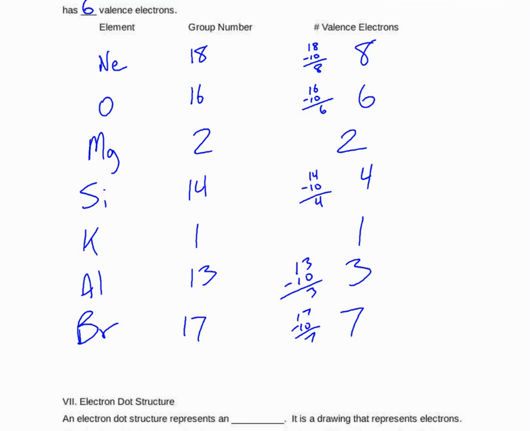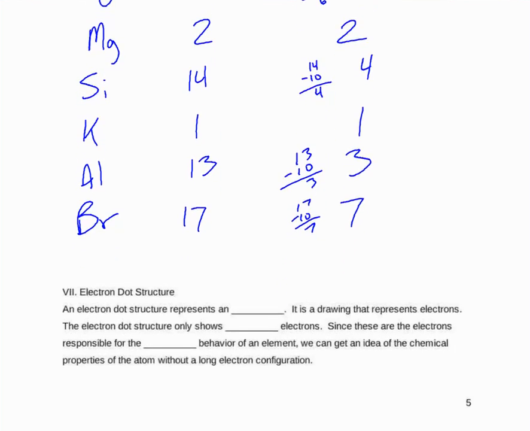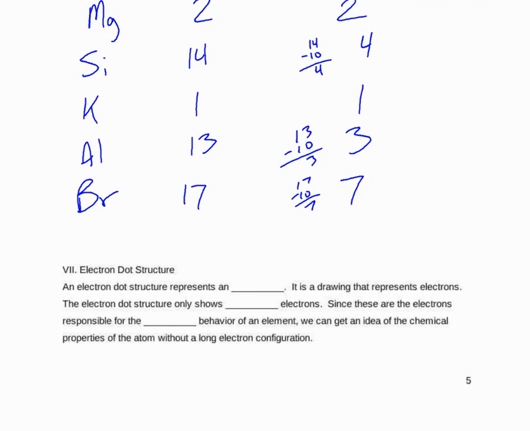So the idea of valence electrons transfers pretty well into the next topic, which is the electron dot structure. The electron dot structure represents an atom. It's a drawing that represents the electrons too. But specifically, it only shows the valence electrons. Only the ones that really make a difference for the chemical behavior.